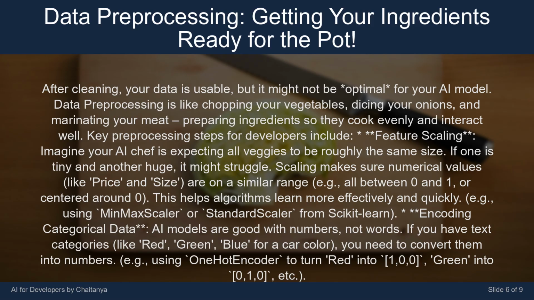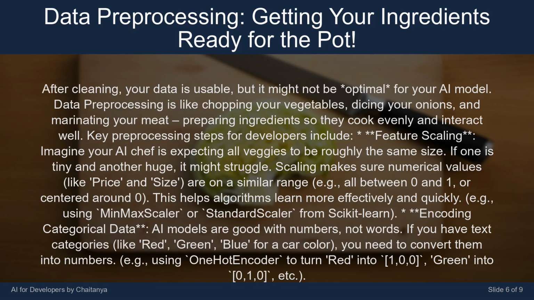Scaling makes sure numerical values, like price and size, are on a similar range, e.g., all between 0 and 1, or centered around 0. This helps algorithms learn more effectively and quickly, e.g., using MinMaxScaler or StandardScaler from scikit-learn. Encoding categorical data.